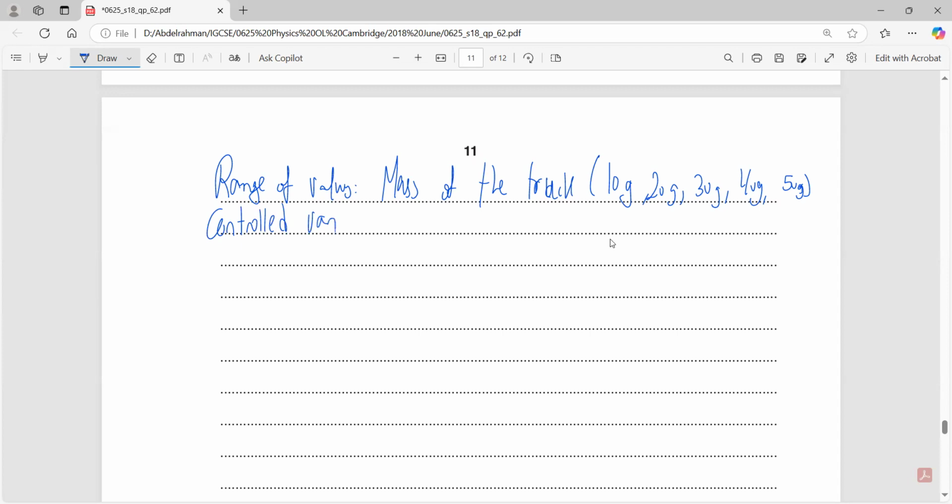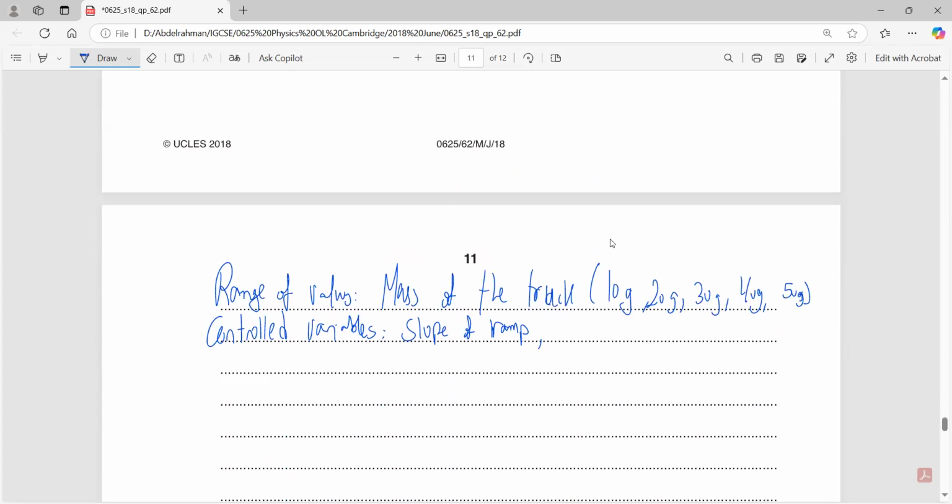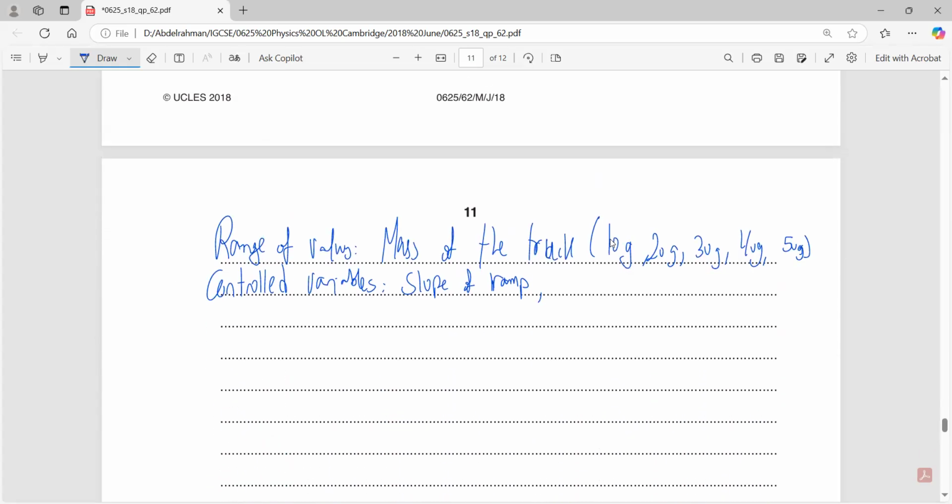Then we need to state the controlled variables. Some of which might be the slope of the ramp. You can say the height of the wooden blocks. If you're using 3 blocks, only use 3 blocks.